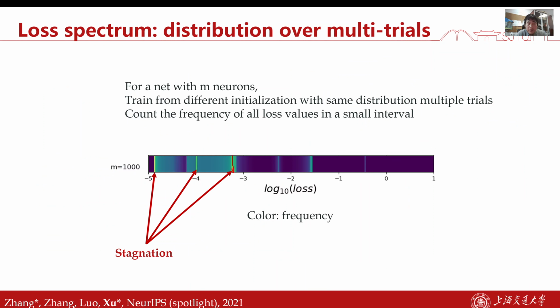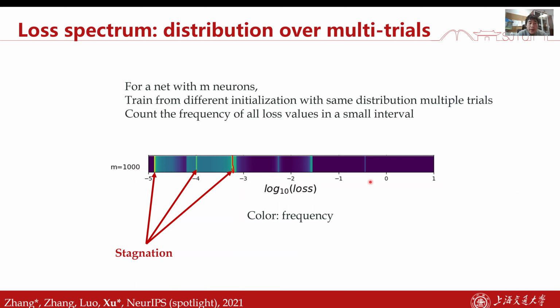So by counting the frequency, we can get a spectrum for the loss function. If there is a very bright color in this loss value, it means there may be a plateau at this loss value.